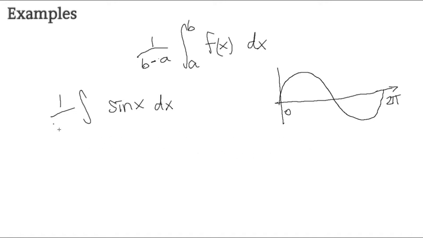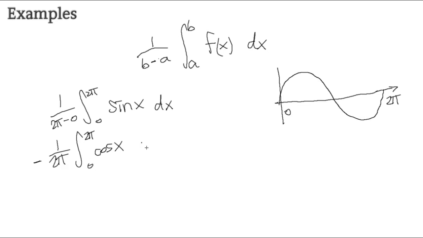Let's first of all start from 2 pi take naught. So we are taking over the full oscillation, and what we expect is the area on top is equal to the area below, which means that the mean value, when you sum them together, you get 0. Let's check that out. Integrating this, we have 1 on 2 pi, integral of sin x is minus cos x from 0 to 2 pi.